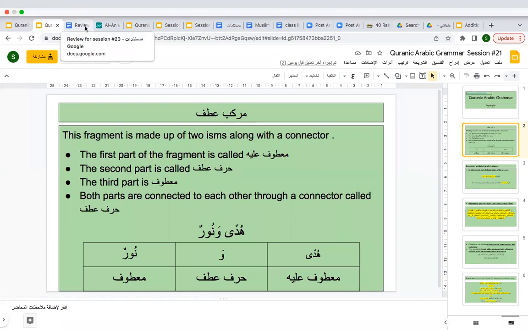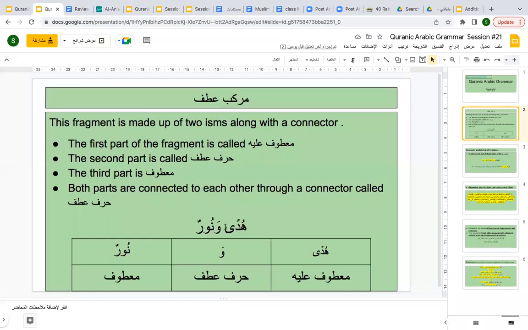Okay, so we were learning how we can figure out the status of Matuf alayhi if a word like Huda cannot tell you if it is Raf, Nasb, or Jar. If you only have this part of the words and you cannot figure it out, what can tell you the status? How can you figure out the status?